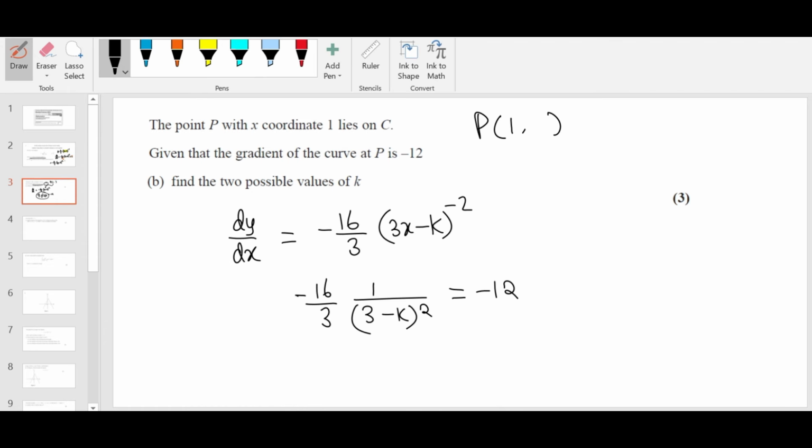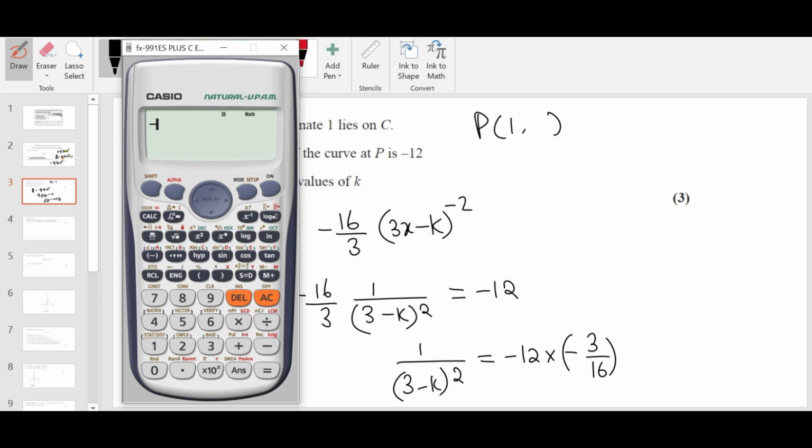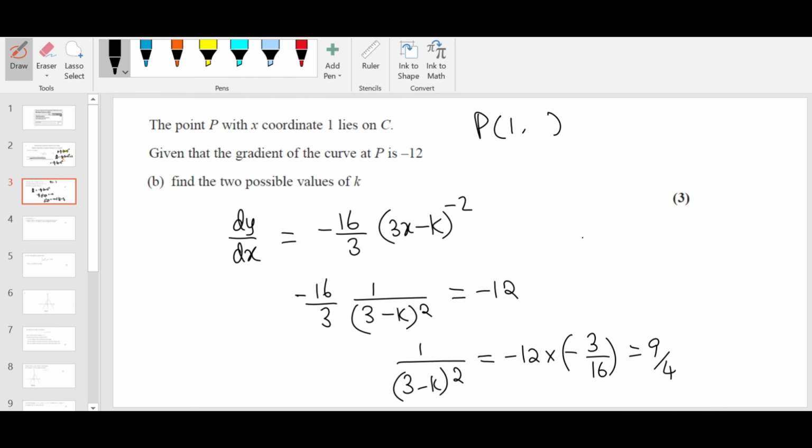Bring the negative 16 over 3 to the other side, you will get 1 over (3 minus k) whole squared is negative 12 times negative 3 over 16, which is 9 over 4. So flip both sides, you will get (3 minus k) whole squared is 4 over 9. Take the square root, you will get plus or minus square root of 4 divided by square root of 9.